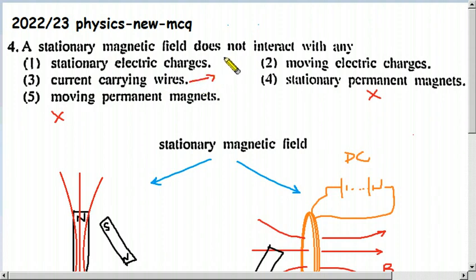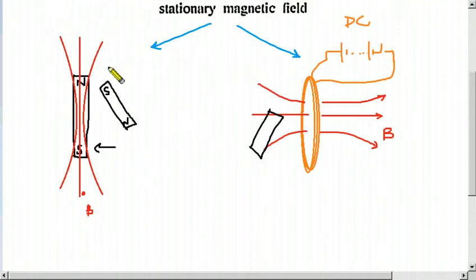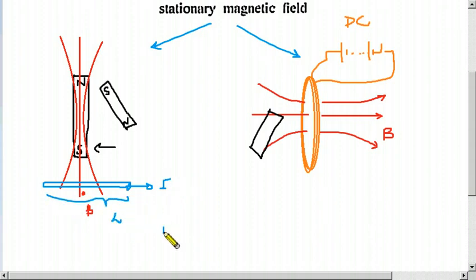If we place the current carrying wire perpendicular to this, if the current is I and the length is L, we know there will be a force F equals BIL. We know this equation. Since there is a current, there must be a force.